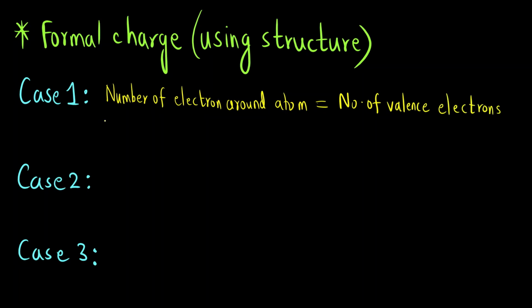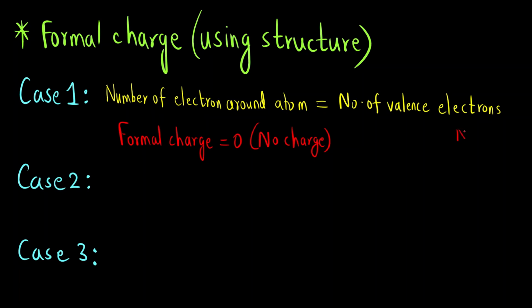If this is the case, then what is going to be the formal charge? The formal charge is going to be zero, which means there will be no charge. Formal charge is zero or no charge will be assigned on the atom.